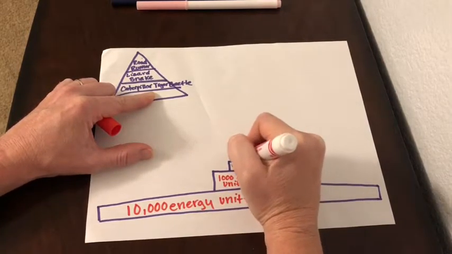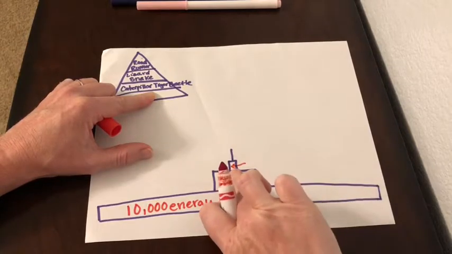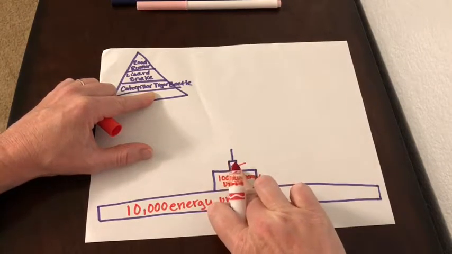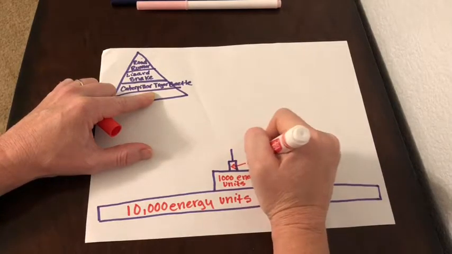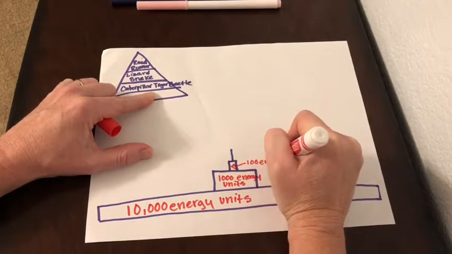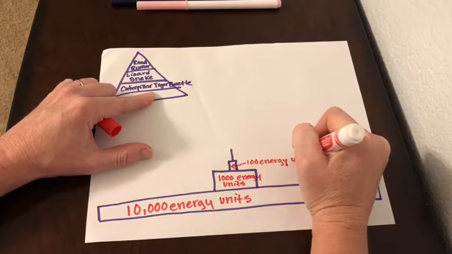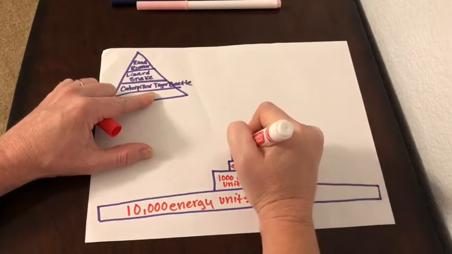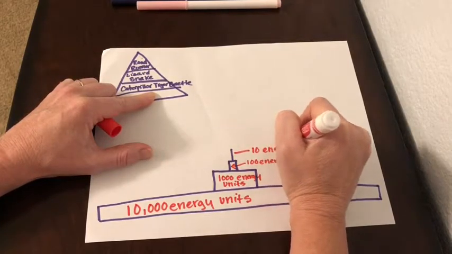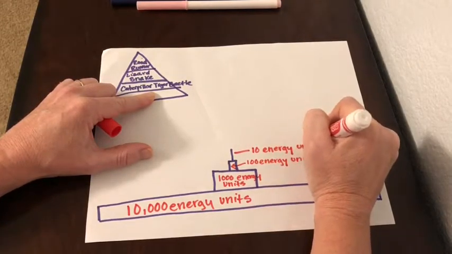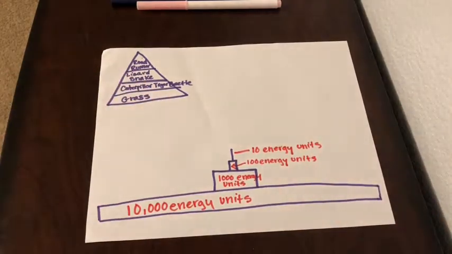And right here, I can't even fit it all, but take away a zero and you have 100 energy units left. And then you have 10. So make sure that you understand that and can go through that when you're drawing energy pyramids.